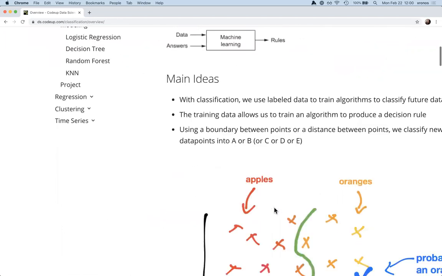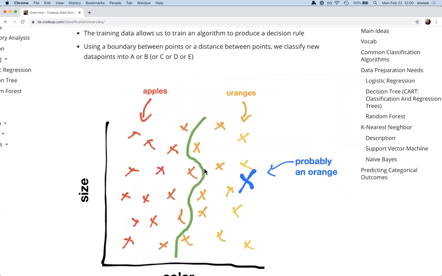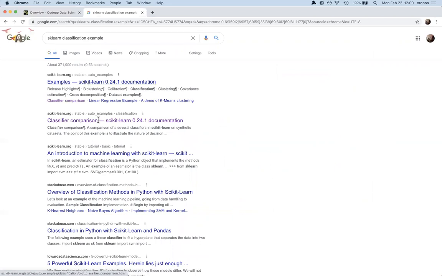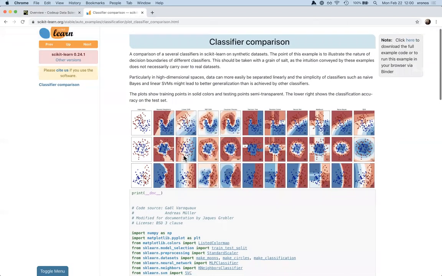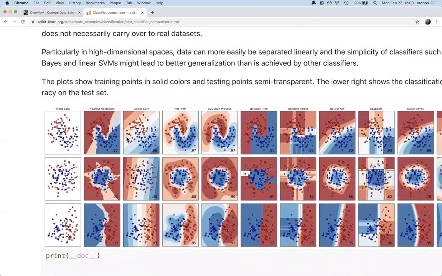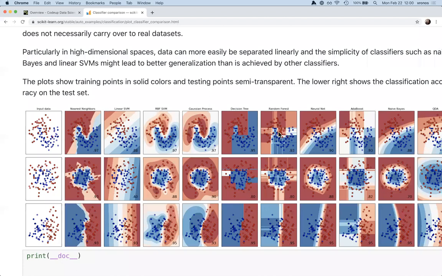And really, when we're talking about different models, and we saw this with sklearn and those classification examples, there's not one classifier that's good for everything, right? You see each one of these classification algorithms takes a little bit different of an approach, right?